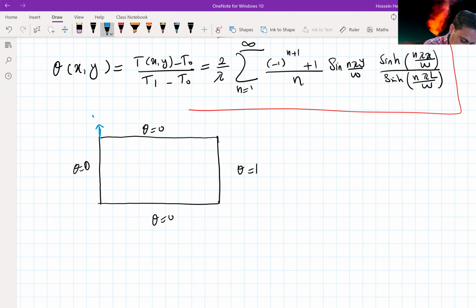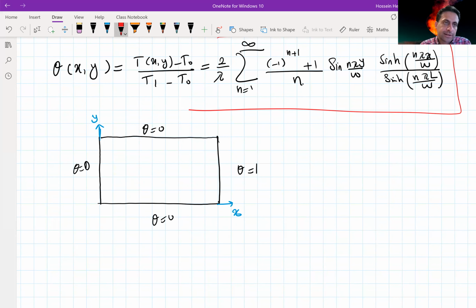This was the y-axis, and this is the x-axis. Now, if you just select a few terms like N equal to 1, 2, 5, or 10 in MATLAB or an Excel spreadsheet, then you can find the temperature at any x and y.